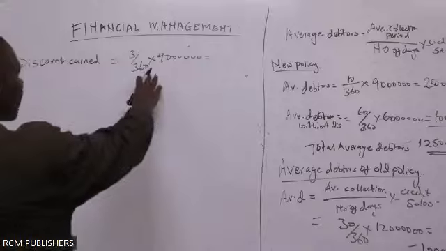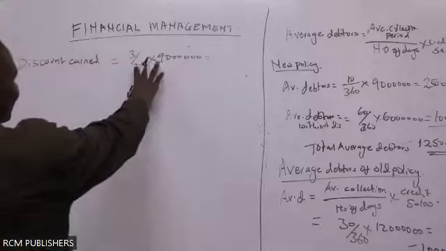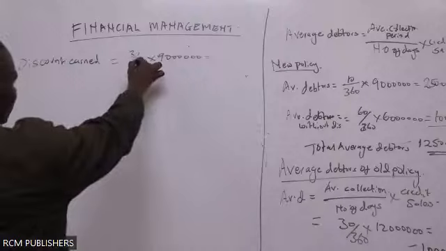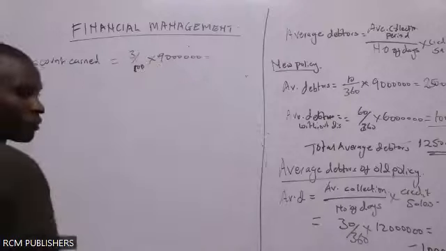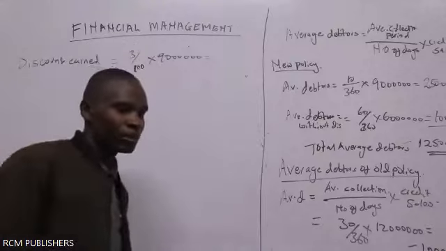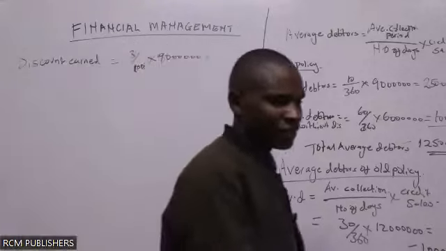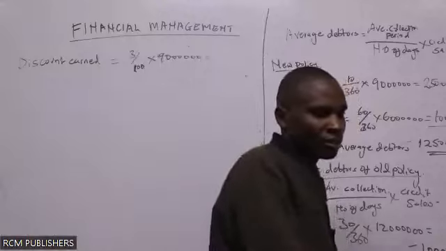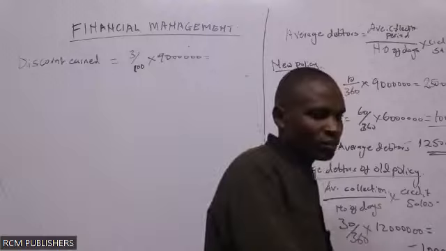A discount of... compute for me as a percentage, 0.03. Niambia unapata nini? As a percentage, discount 3% of that amount. Unapata nini? 3.